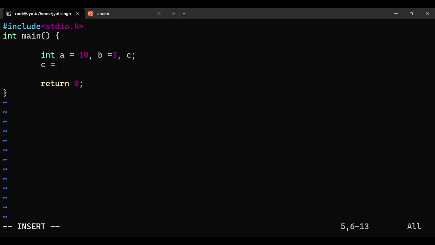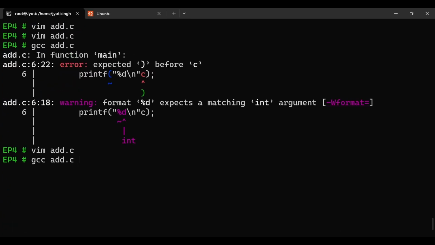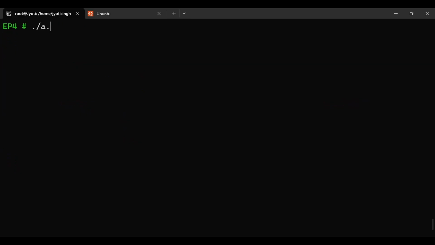So c will simply become a plus b. Let's printf the result. The output is 13, as expected. But we are not writing this program just for addition. We need to see what is actually happening inside the CPU.